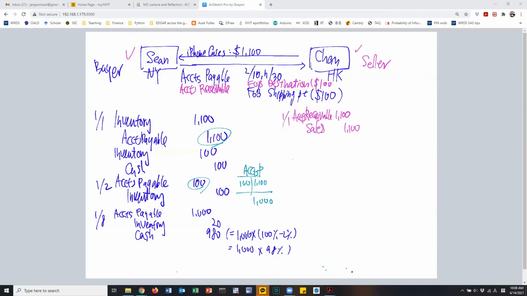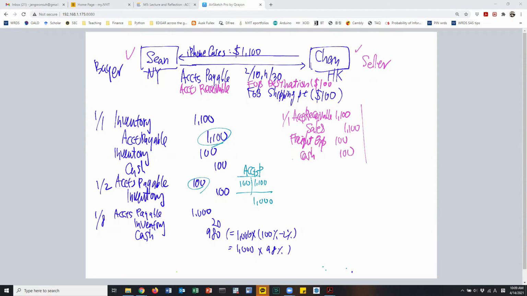So this is a necessary expense to make the sales, so we will treat it as an expense. And expense, you see, its normal balance is, yes, debit side. So we debit freight expense, paying out cash.